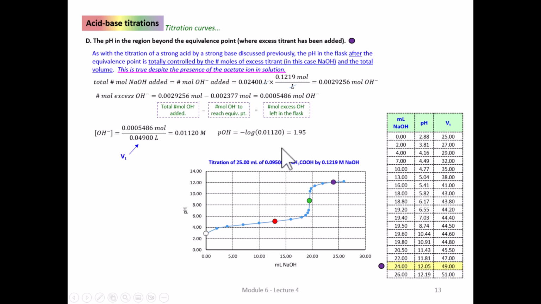The pOH would be 1.95, leaving us a pH of 12.05, which, by the way, is identical to the pH we got in the strong acid, strong base titration, because remember, everything here is simply being controlled by the excess sodium hydroxide, and in the two titrations we're comparing, we've added exactly the same number of milliliters of excess sodium hydroxide, and the volumes are the same.